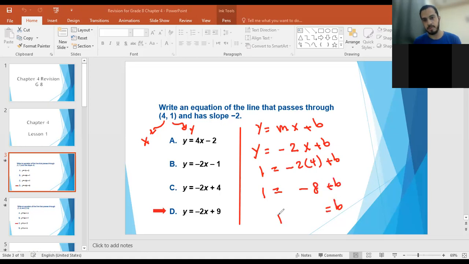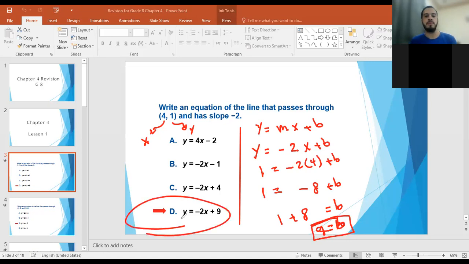Then b equals 1 plus 8, which is 9. So that is the answer: negative 2x plus 9.